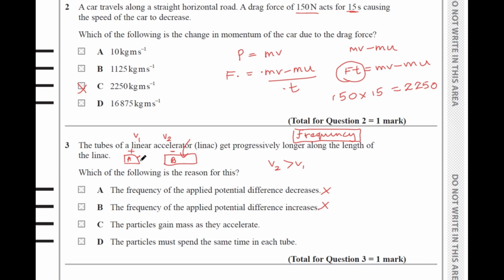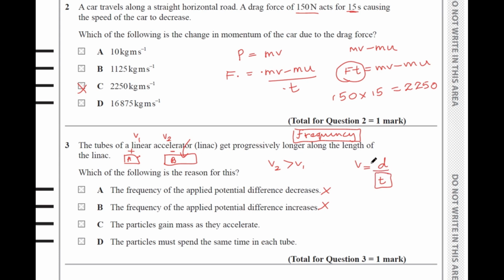So due to the resultant force exerted on the particle, it accelerates. So since velocity is increasing, we can see that we have already learned this equation, distance over time. So the time remains unchanged, time taken for the tube to change its polarity remains unchanged.